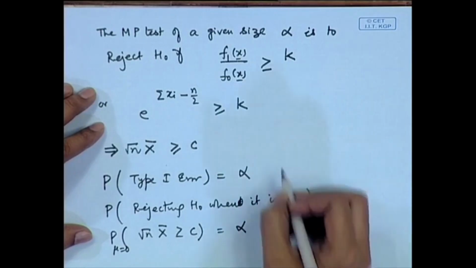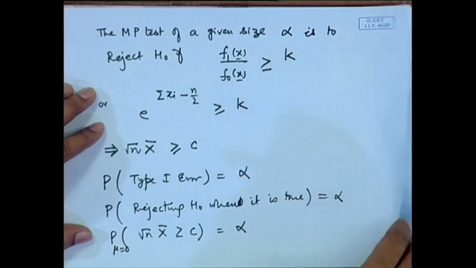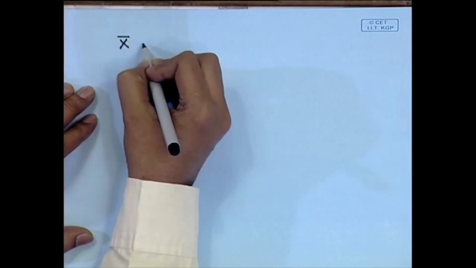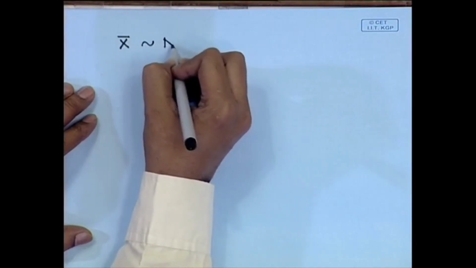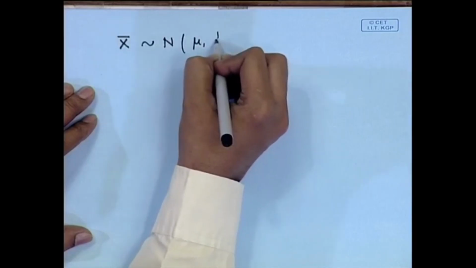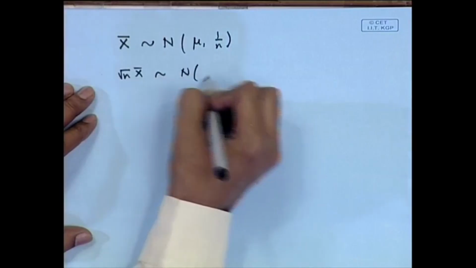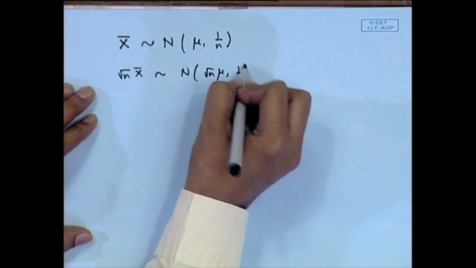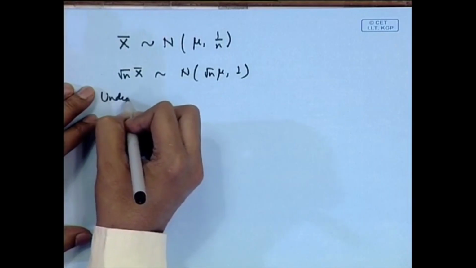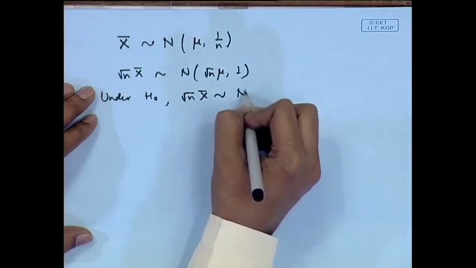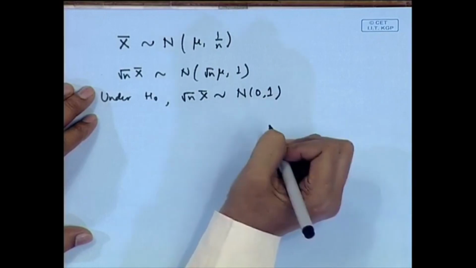Now, you see the distribution of x bar. Since x 1, x 2, ..., x n is a random sample from a normal distribution, x bar follows normal mu, 1 by n. So, root n x bar follows normal root n mu, 1. So, under H naught, root n x bar follows normal 0, 1.